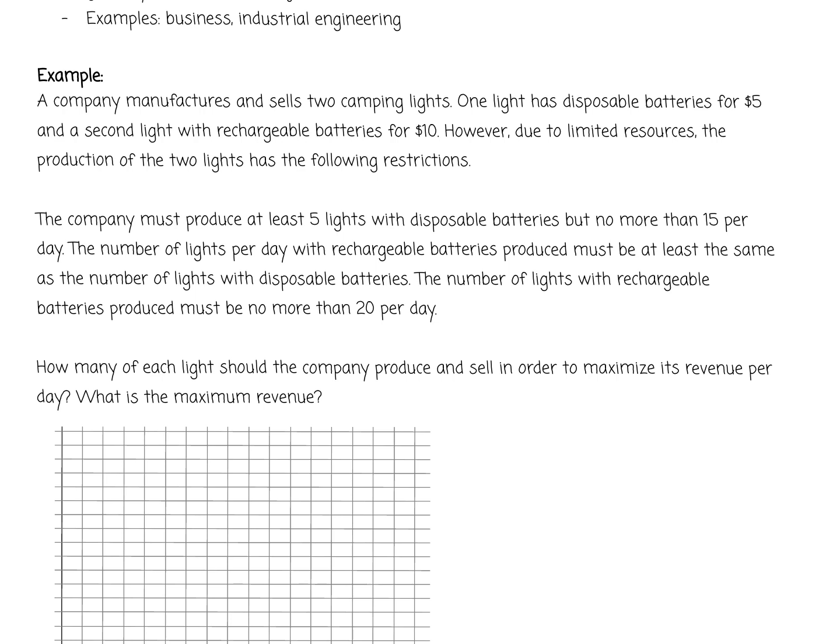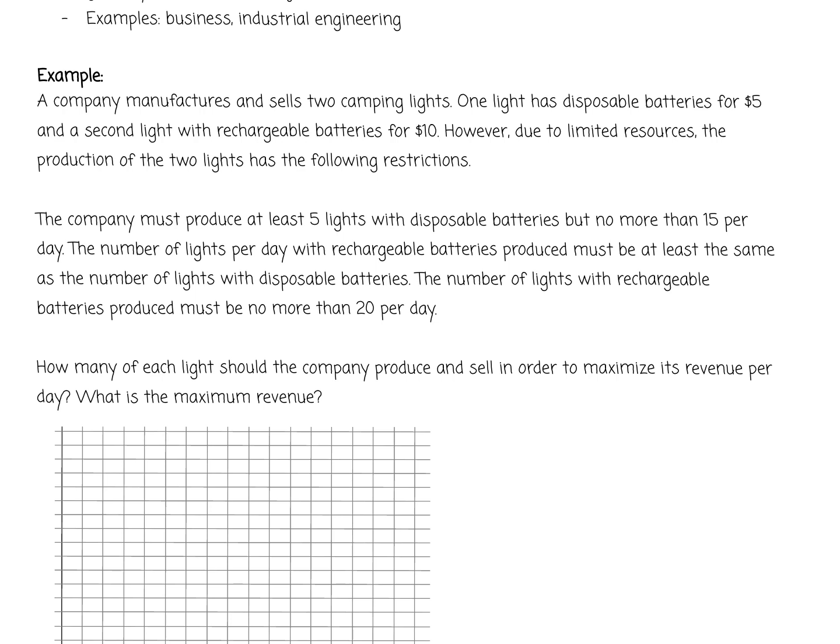The number of lights per day with rechargeable batteries produced must be at least the same as the number of lights with disposable batteries, and the number of lights with rechargeable batteries produced must be no more than 20 per day. How many of each light should the company produce and sell in order to maximize its revenue per day? What is the maximum revenue?